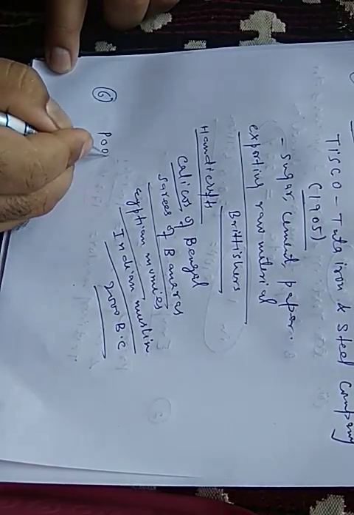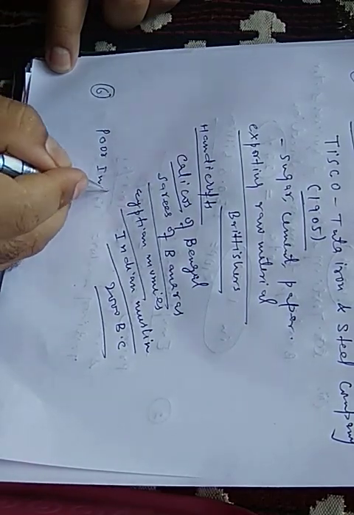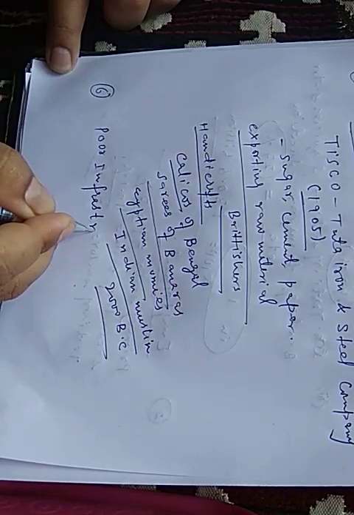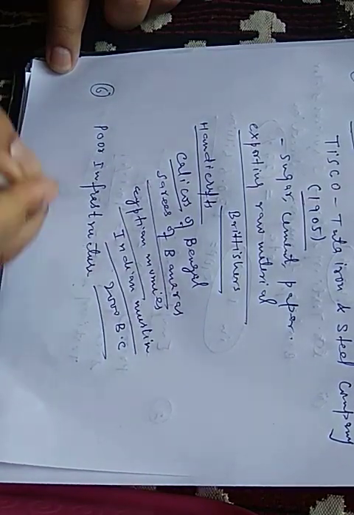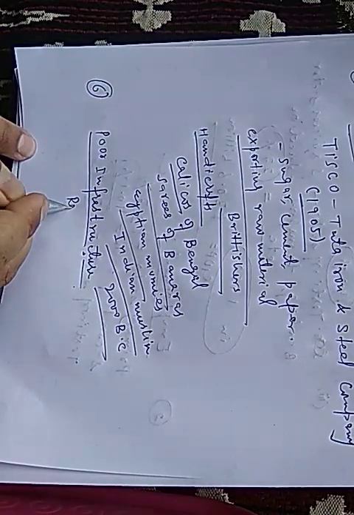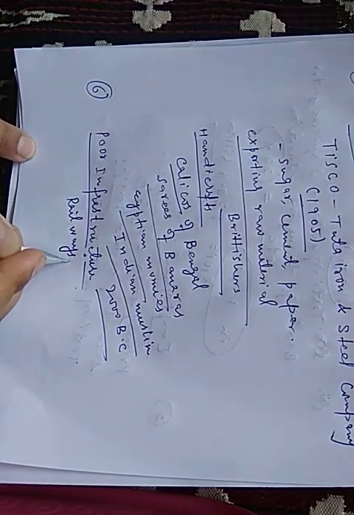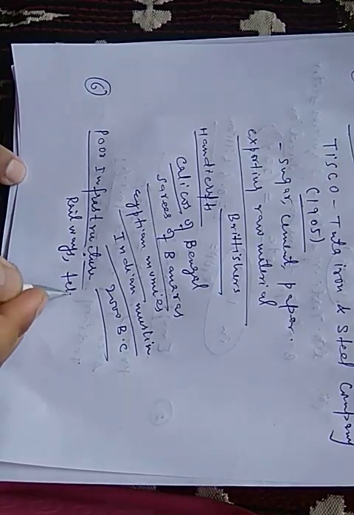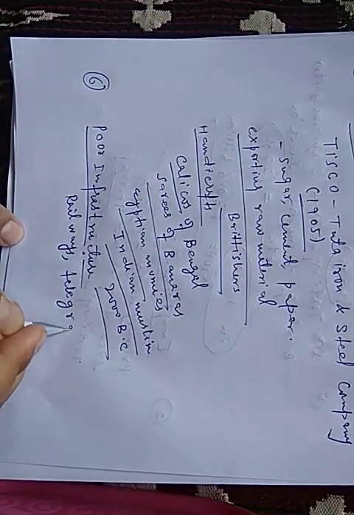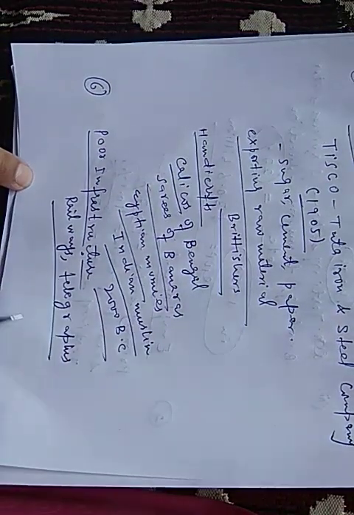Poor infrastructure. During the British period, there were some developments in infrastructure like railways and telegraphs, but their main purpose, their main interest, was to serve the Britishers, to benefit the Britishers.